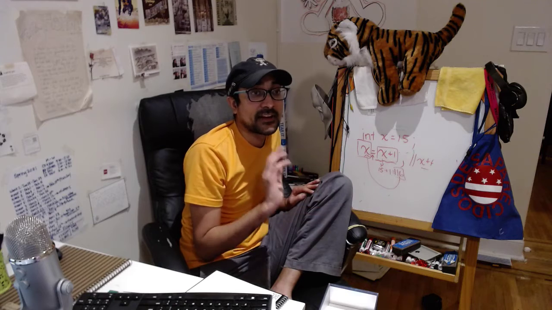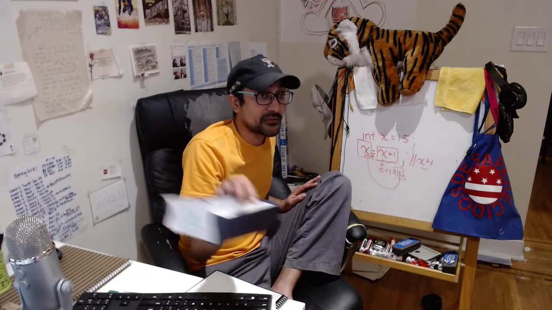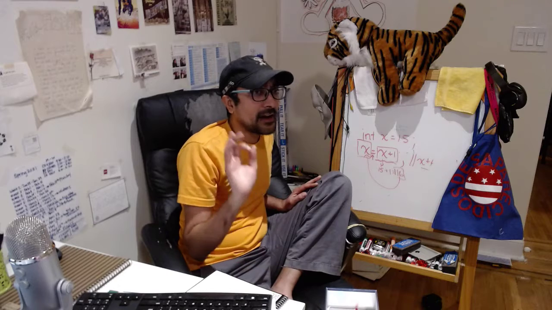The new value of x is going to be whatever x currently is plus 1, okay? And so after the statement's done, x is going to equal 16. Again, I have not told you why we're doing this or why that's happening, okay?